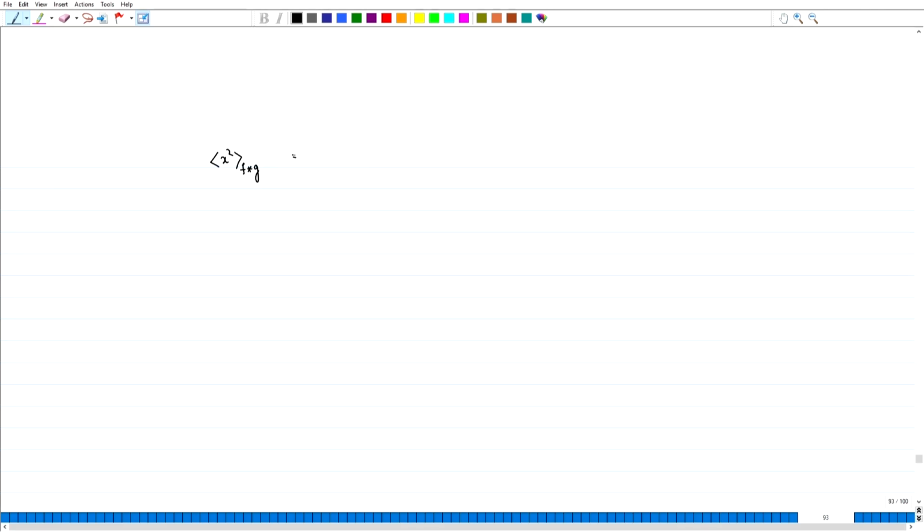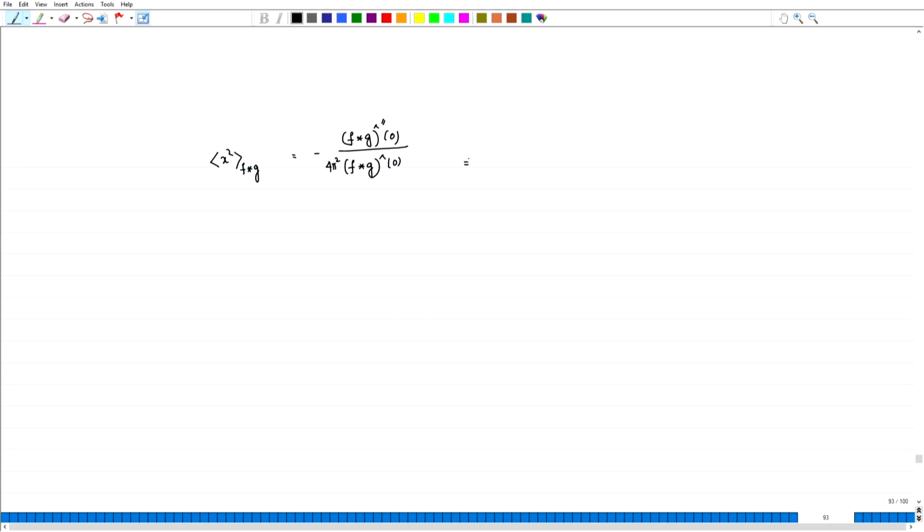By definition this is going to be minus f convolution g hat double prime at 0 divided by f convolution g hat at 0, with a factor of 4 pi square.